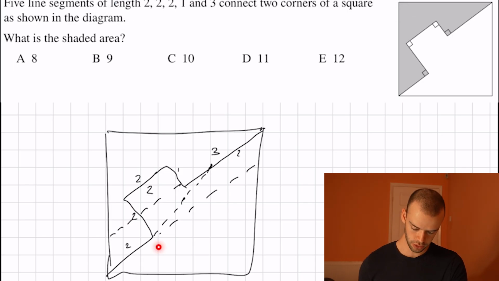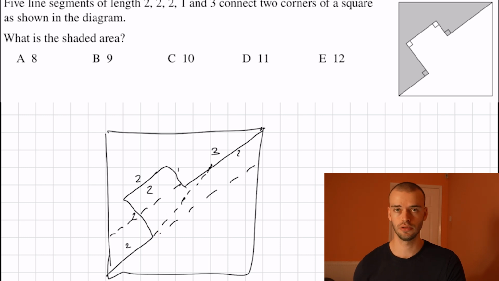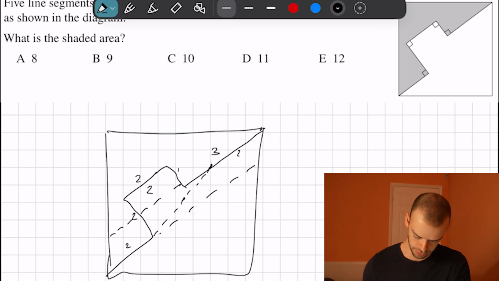What about of this triangle? Well, this length here is 2. This length here is 1, since we split this line into a length of 1 and a length of 2. So this length is 3, and this length here is going to be 1. Therefore, the area of this triangle will be 3 times 1, and then divided by 2 to get 3 over 2, or let's just call it 1.5.